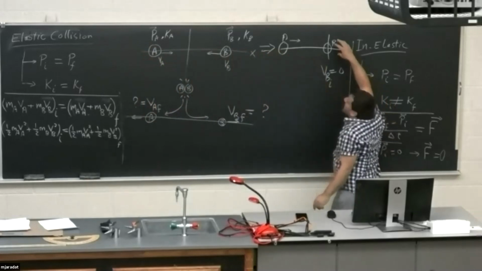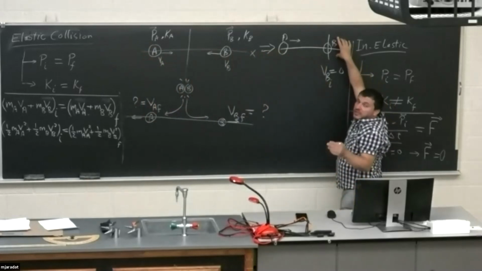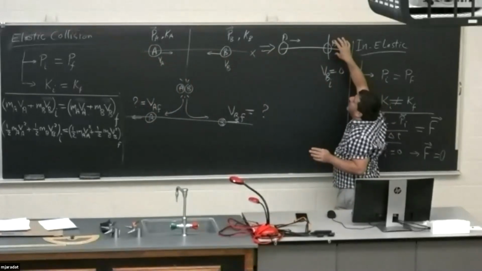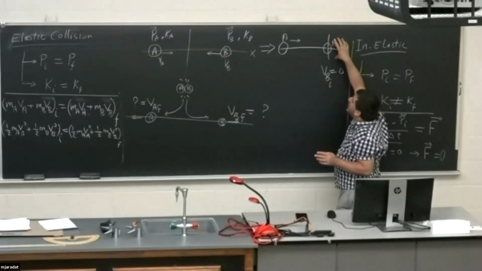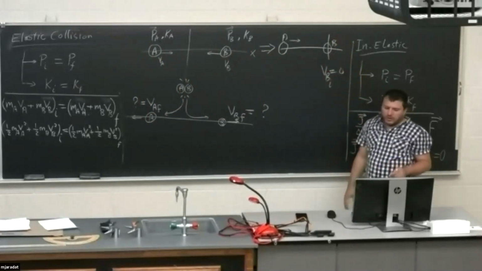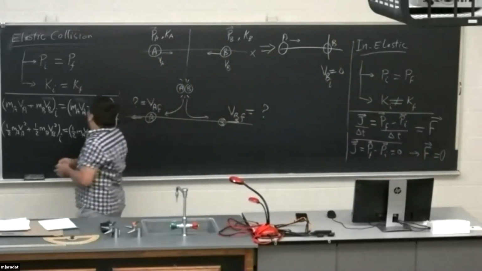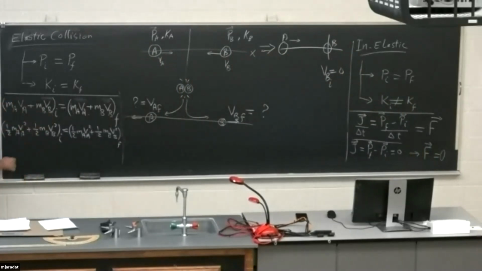We assume that B is a constant without a velocity, it has zero velocity, and B is at the same position at the origin. In this case, all of our problem will be simpler because VB initially will be 0, and this term will be 0.